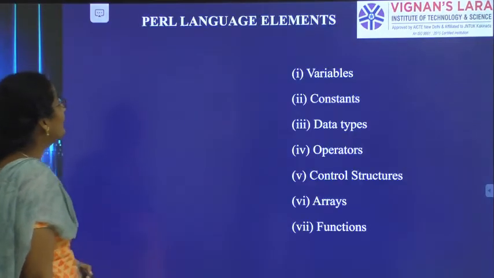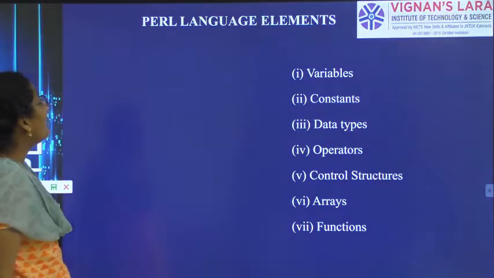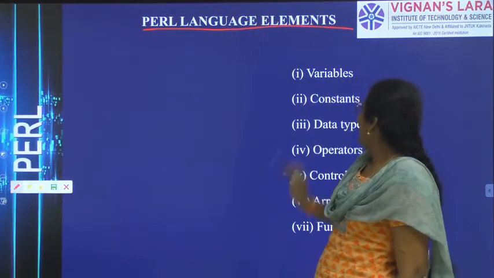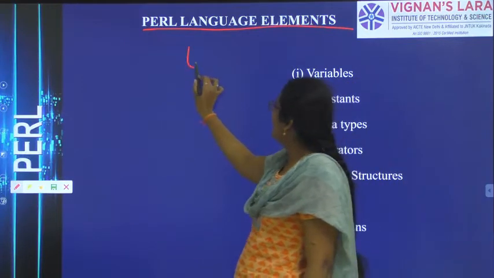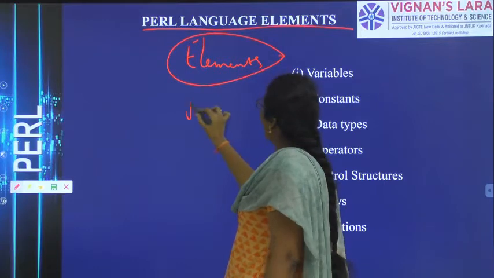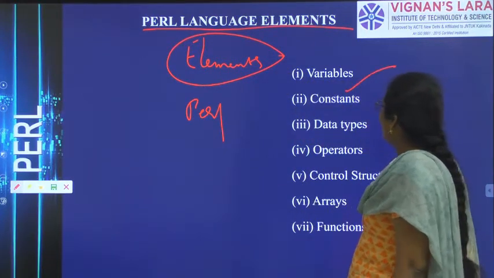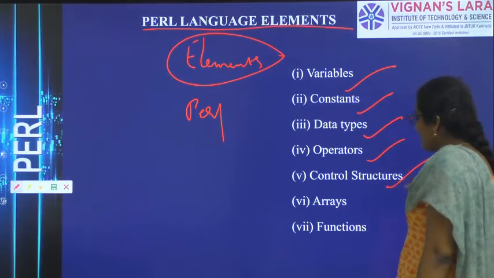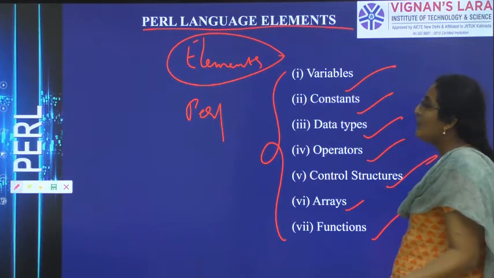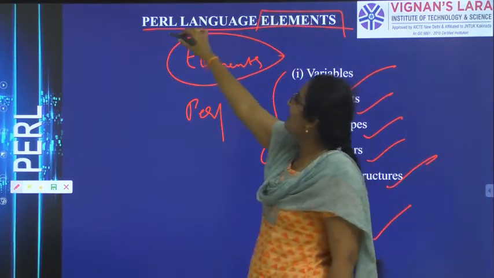Let us see what we mean by parallel language elements. Generally we have the concept of elements. In Parallel programming, the elements are variables, constants, data types, operators, control structures, arrays and functions. All these are very common in any programming language, and these are called elements in the Parallel language.